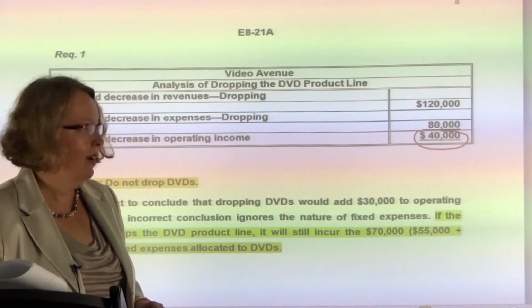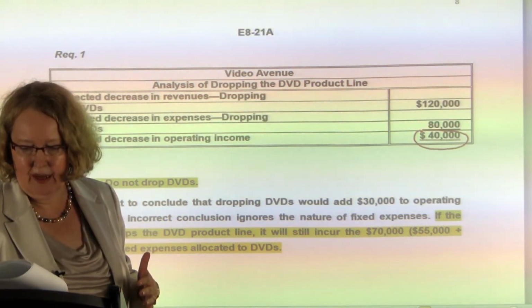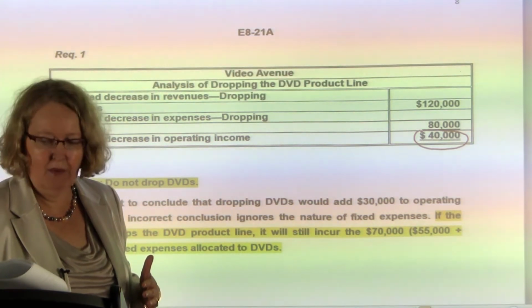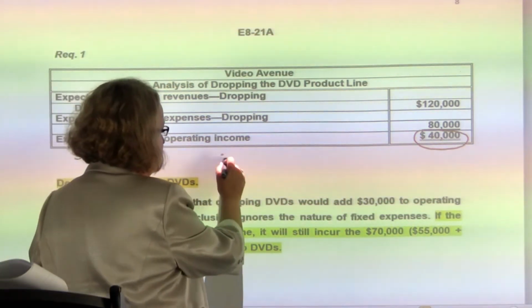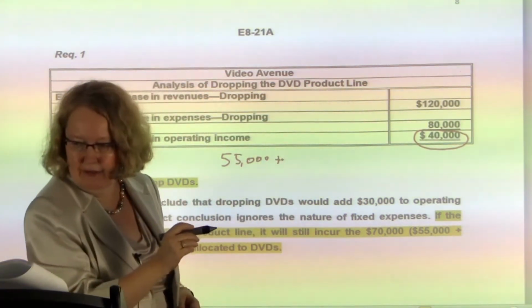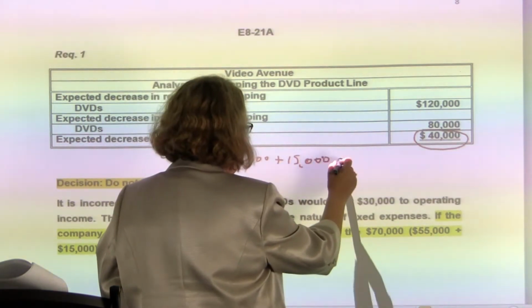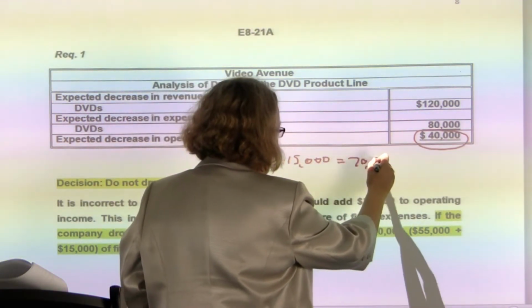And in this problem, the fixed expenses for the manufacturing and marketing, so the $55,000 and the 15,000 of fixed cost, that's 70,000.